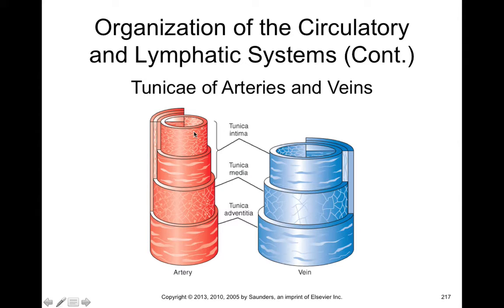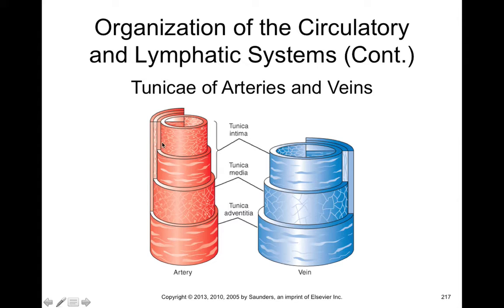Now, it turns out too that arteries have a thicker tunica media. And this is because arteries will help change their diameter or shape to regulate blood pressure. So their smooth muscle layer has a tendency to be thicker. Arteries also have additional layers like elastic lamina.